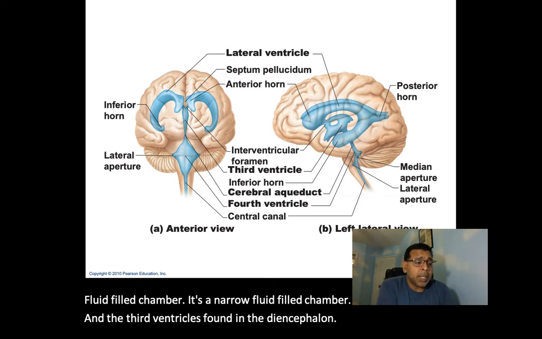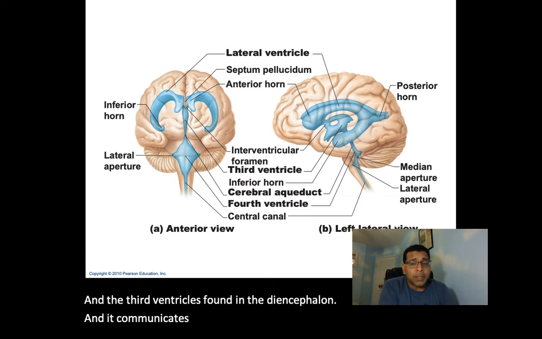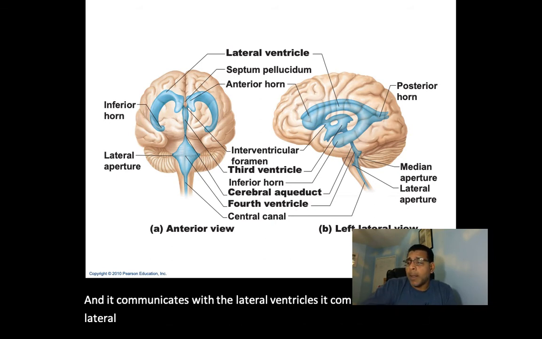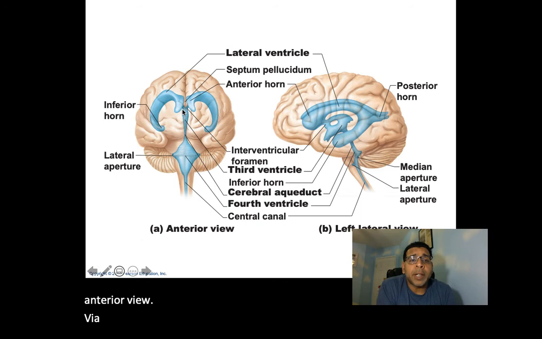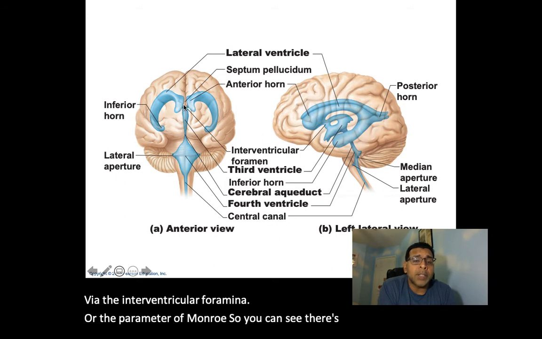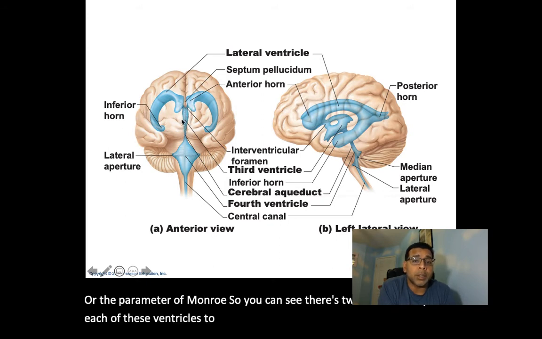And it communicates with the lateral ventricles, you can see here from this anterior view, via the interventricular foramina, or the foramen of Monroe. So you can see there's two of them. They allow each of these ventricles to communicate with the third ventricle.